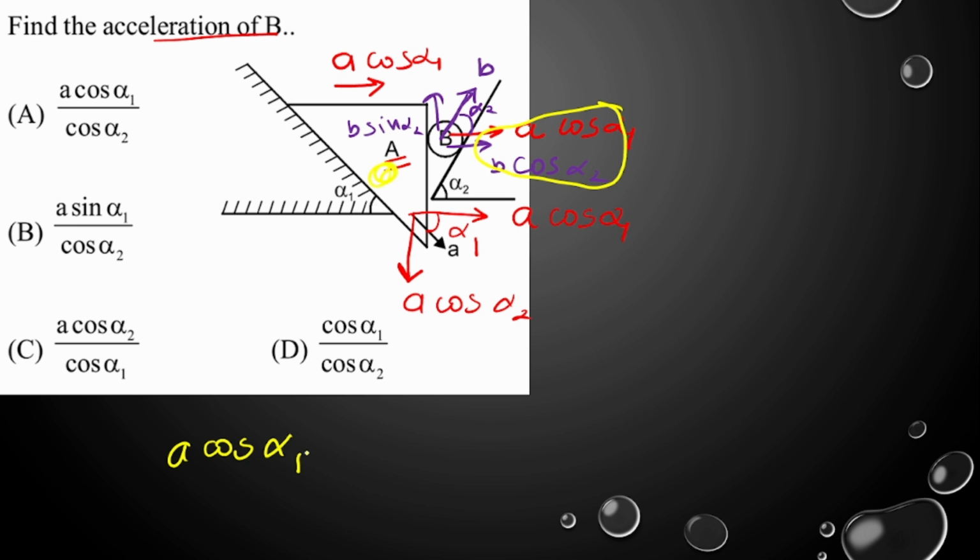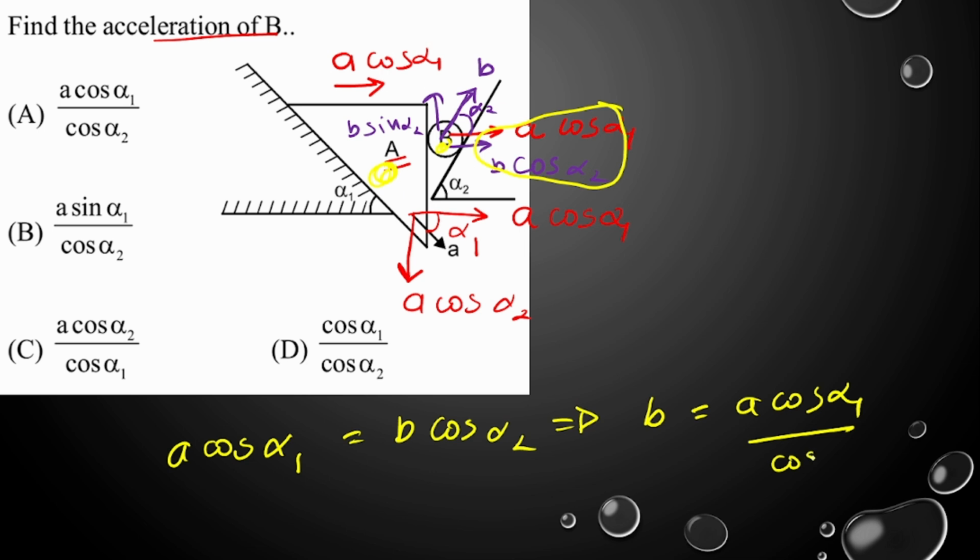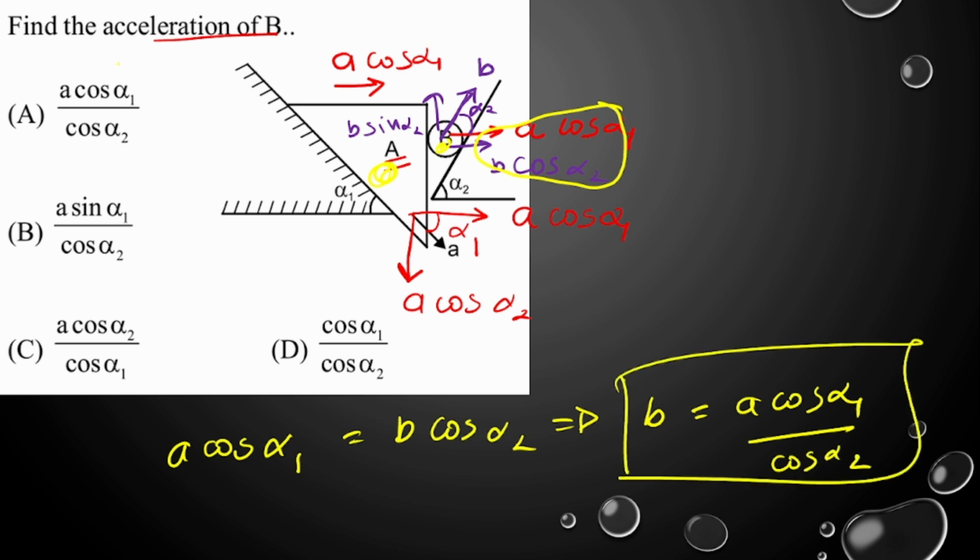So can I say that the acceleration of B is equal to A cos alpha 1 by cos alpha 2? Do we have any option like this? A cos alpha 1 by cos alpha 2? Yes, we have option A. Option A is our answer.